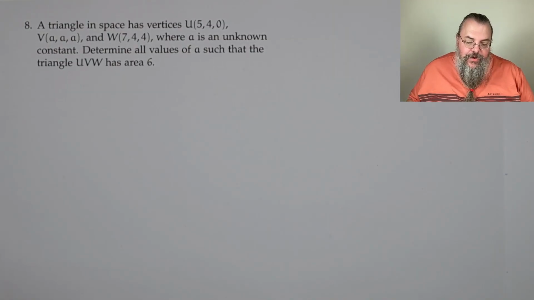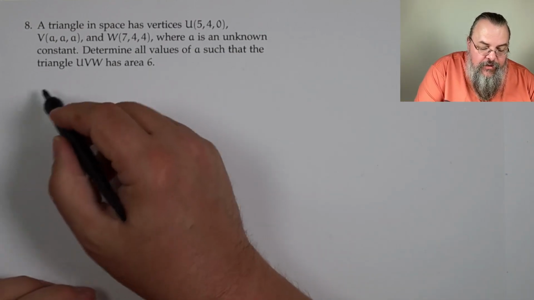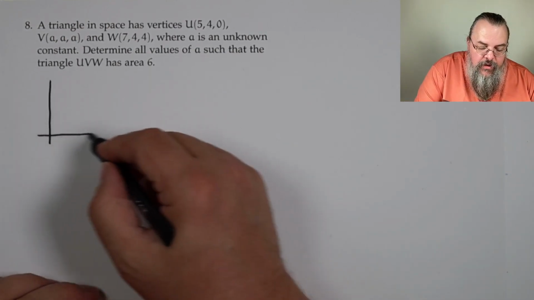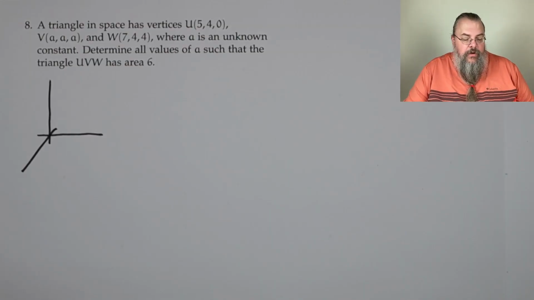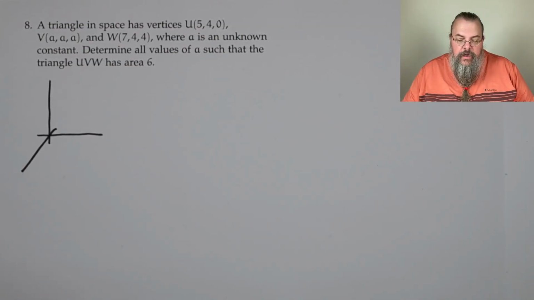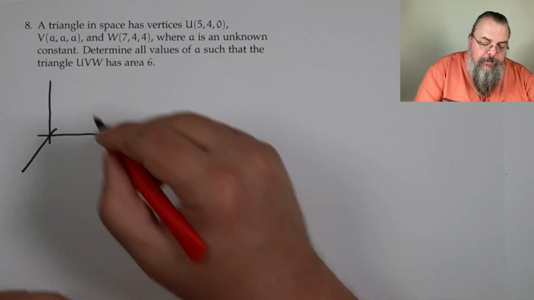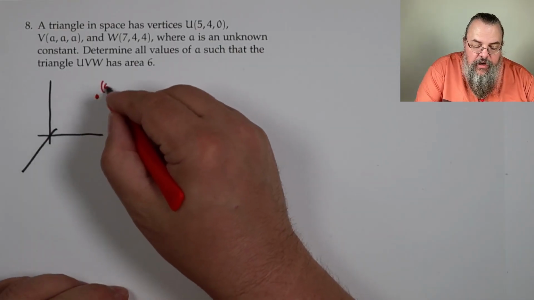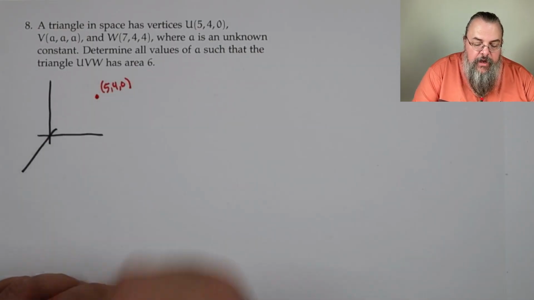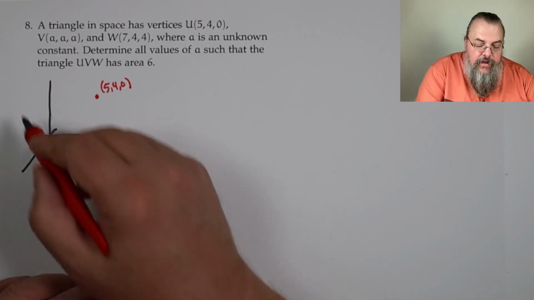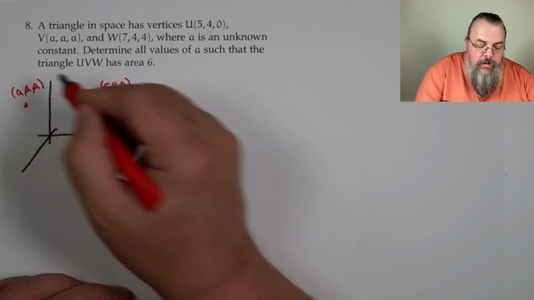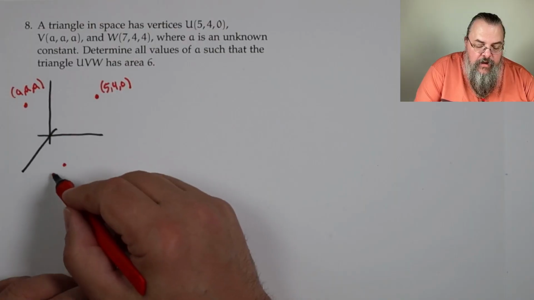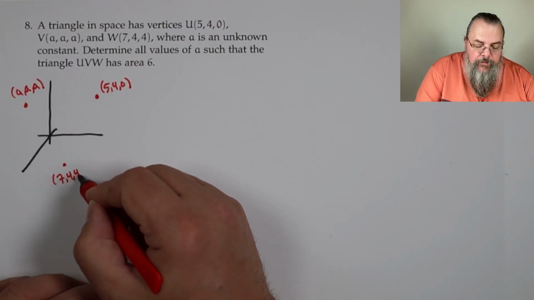All right, so we have our 3 points. And what are they? Well, okay, we have 5, 4, 0, and I'm not trying to be precise in any way. We have A, A, A, and we have 7, 4, 4.